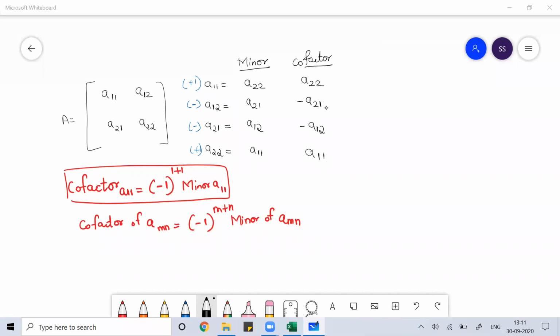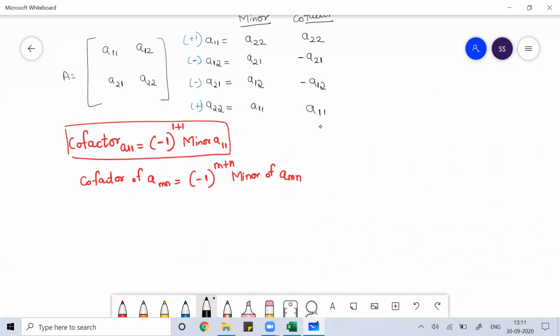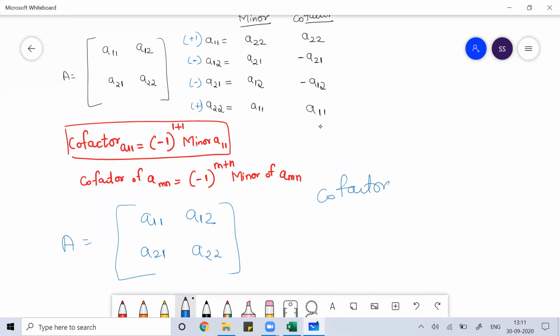Once you get the cofactor, if this is a matrix with a11, a12, then a21 and a22, then the cofactor of a11 is a22.